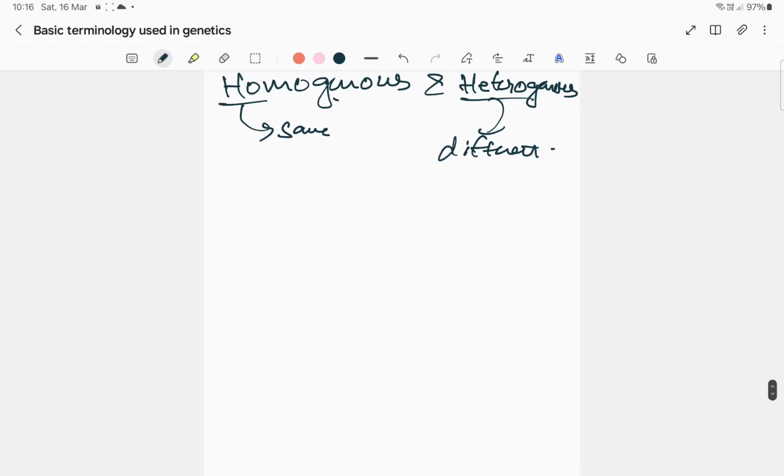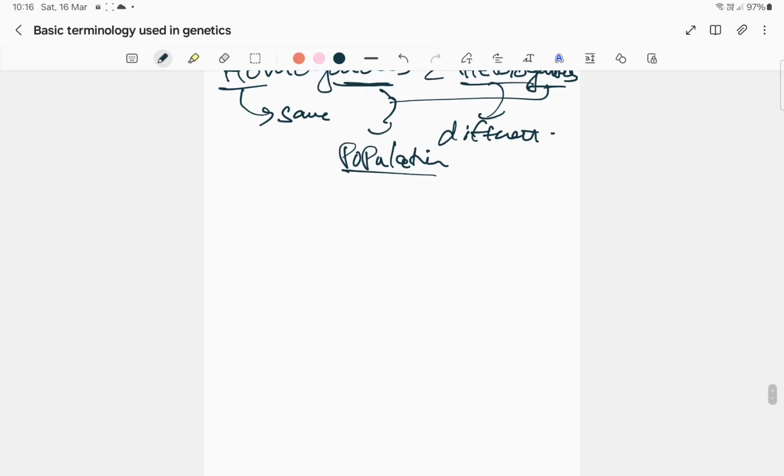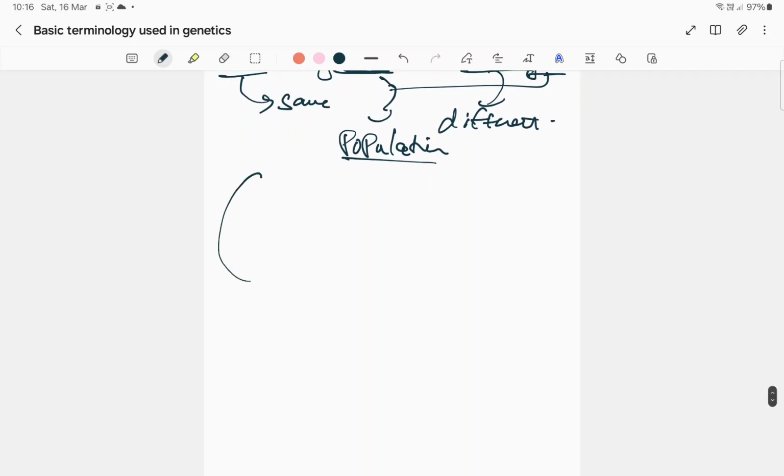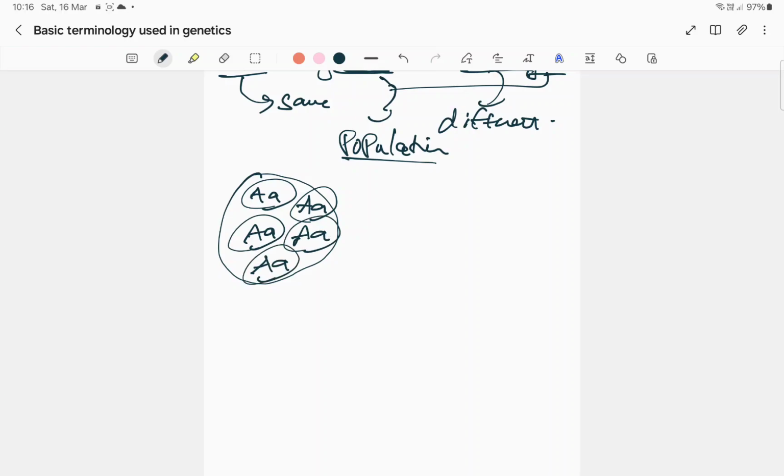Homogeneous and heterogeneous, the term genous generally says population level. For example, this is a population. If all the plants in a population are the same, then it is said to be a homogeneous population.